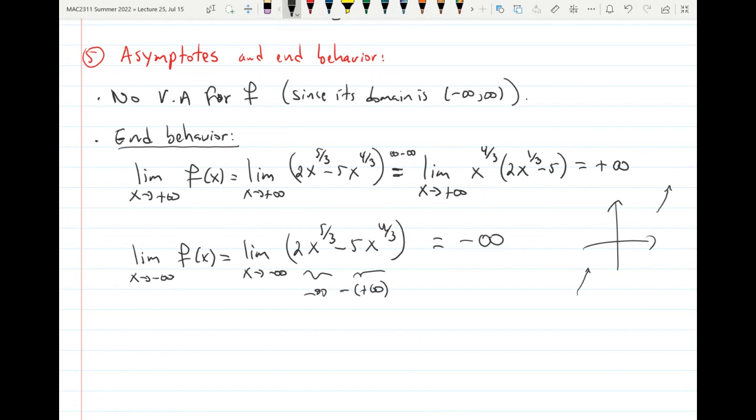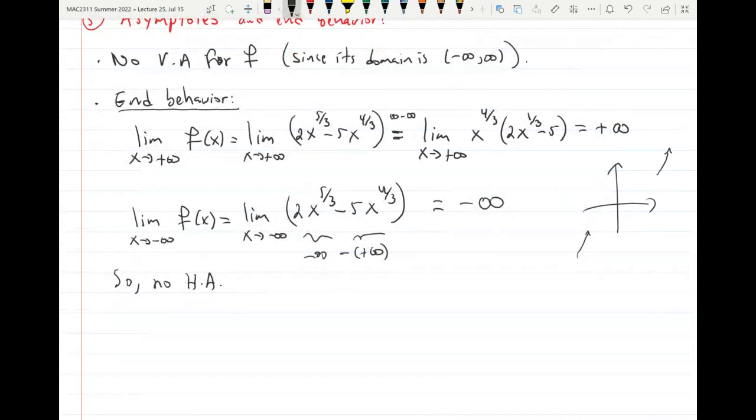So far, this is telling us that there is no horizontal asymptote. But then you may wonder, do we have a slant asymptote? I'm going to explain why this is later. You can take it as a black box for now, and you can ask me in class why this is the case.